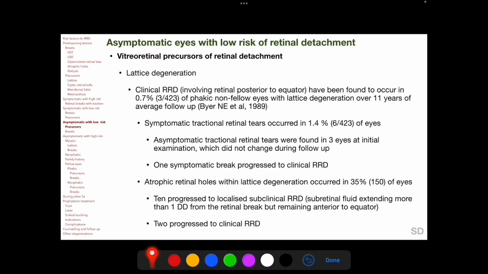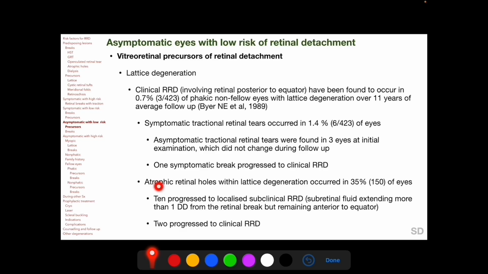Vitreoretinal precursors in asymptomatic eyes are considered to have a low risk of progression to RRD and so are not usually treated. This study by Byer et al. was a landmark study which found that clinical RRD occurred in 0.7% of phakic non-fellow eyes with lattice degeneration over 11 years of average follow-up, while symptomatic tractional retinal tears occurred in 1.4% of these eyes.